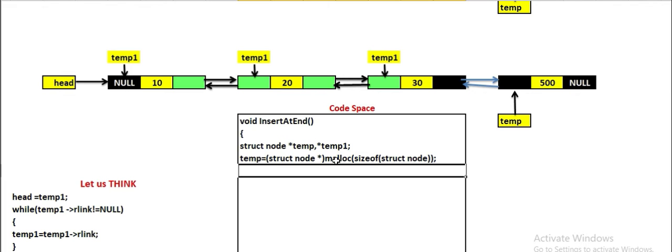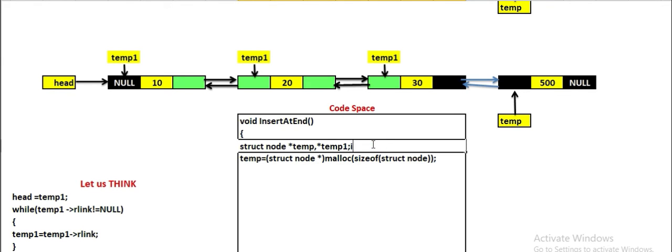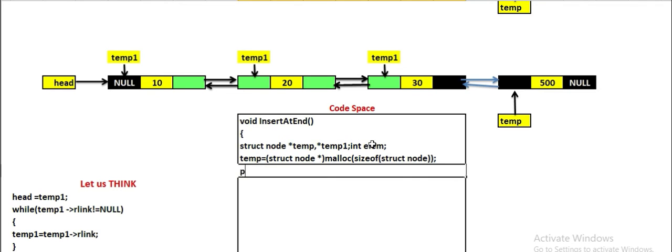A space will be created in the heap memory because you are giving an allocation at runtime. Now what else do we want to do? We want to give the value of 500 here, so we need to ask the user. We have to declare that variable: int element, and then ask the user to give the value.